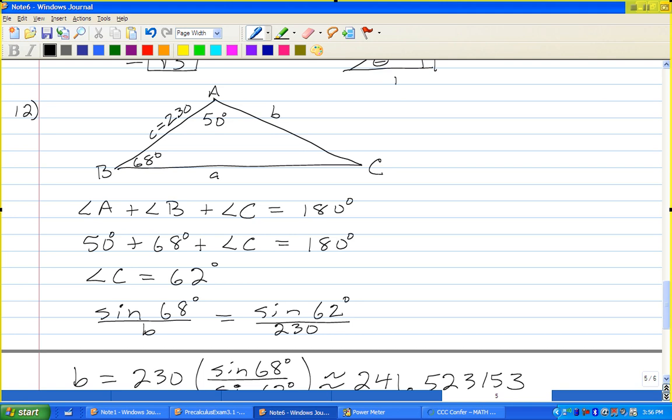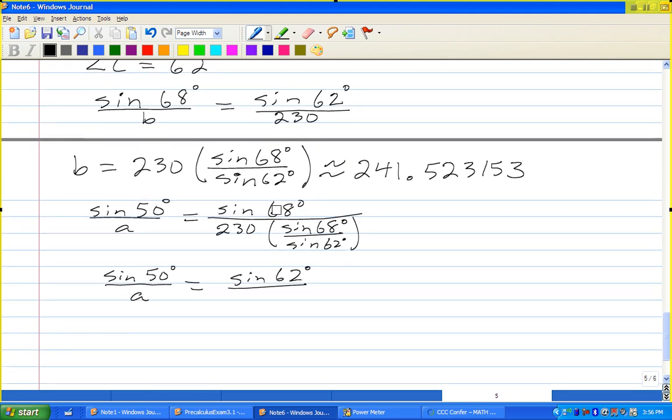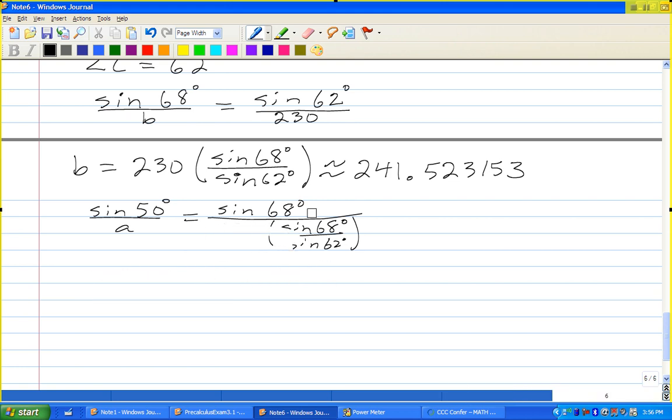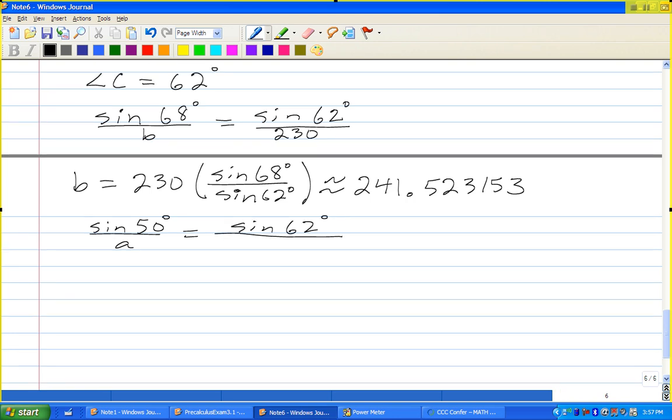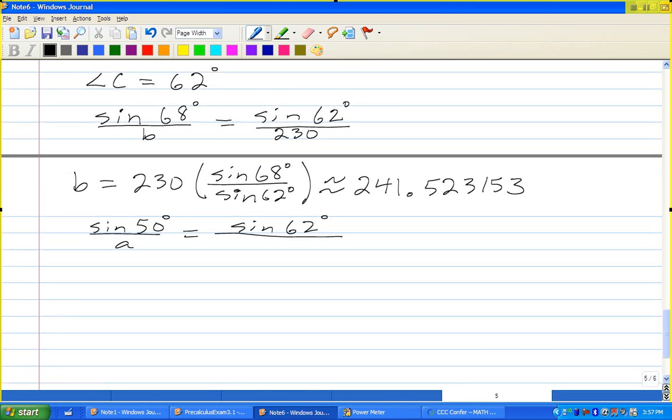Why did I do C, which I knew was 62 degrees? I should do that instead, so I don't need that extra line. Obviously, it gives you the same answer. And so it's the sine of C, which is 62 degrees, over the length of C, which is 230.